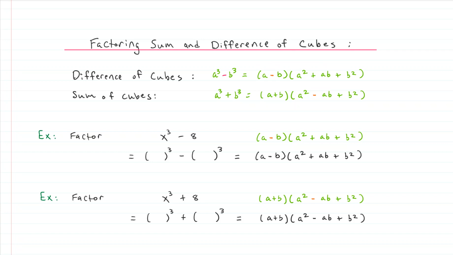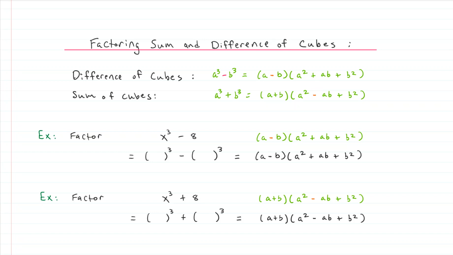When we have the sum of cubes, meaning something cubed plus something else cubed, that can factor into a plus b quantity multiplied by a squared minus ab plus b squared. So notice there's a lot of similarities in these two formulas. I've highlighted the negatives in red to help you tell the difference between them, but everything else is identical.